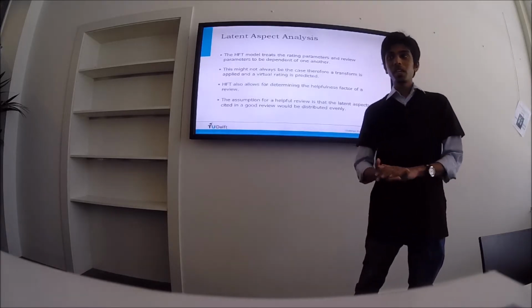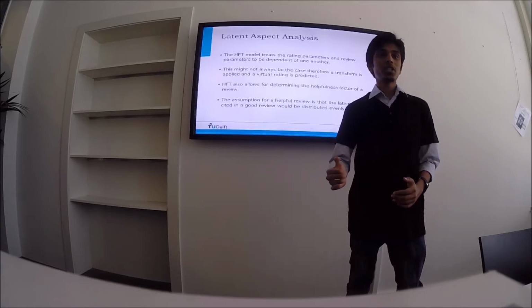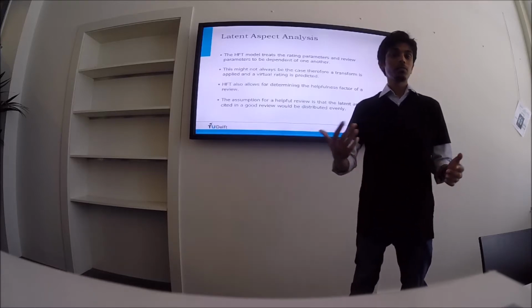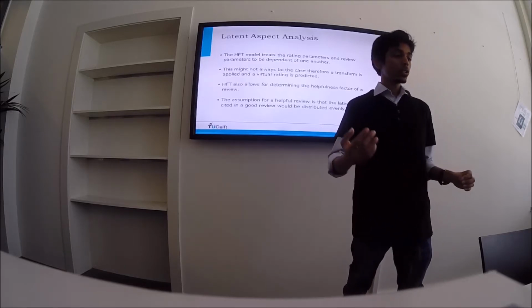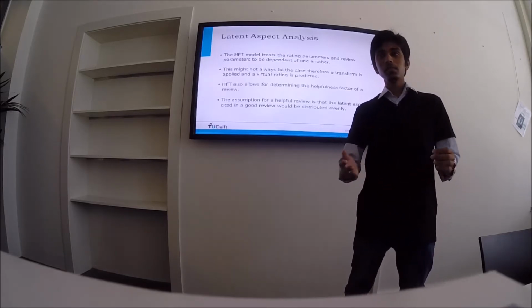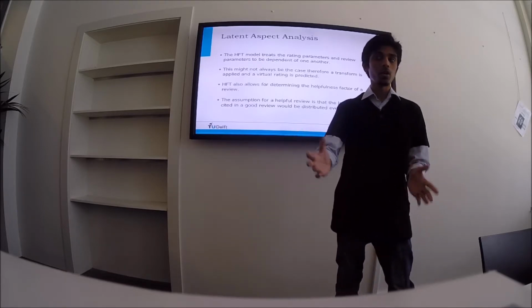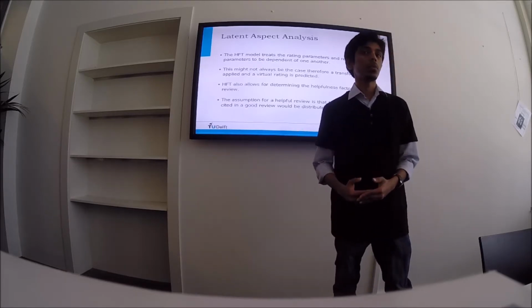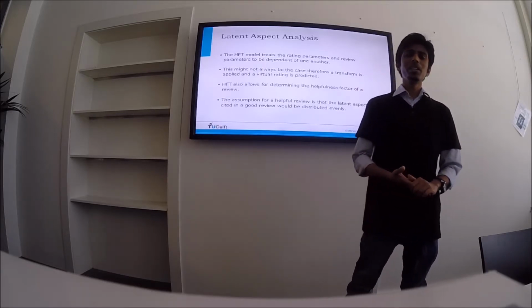And the HFT model was the most accurate so far, as proposed by Levi et al. They also make an assumption that the review parameter and the rating parameter given to a particular product are very much dependent upon one another, but these need not necessarily be dependent.